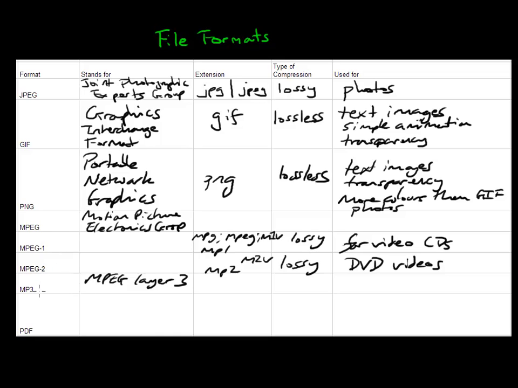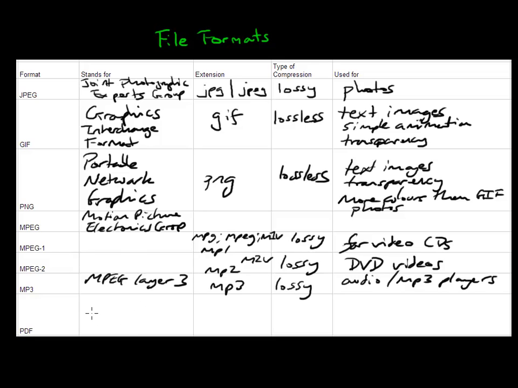MP3 means MPEG layer 3. And the file format extension is MP3. Again, this is a lossy file format for audio. And so MP3 players, your computer, when it compresses files, will use MP3. And there's some newer formats now like AAC which improve on it.